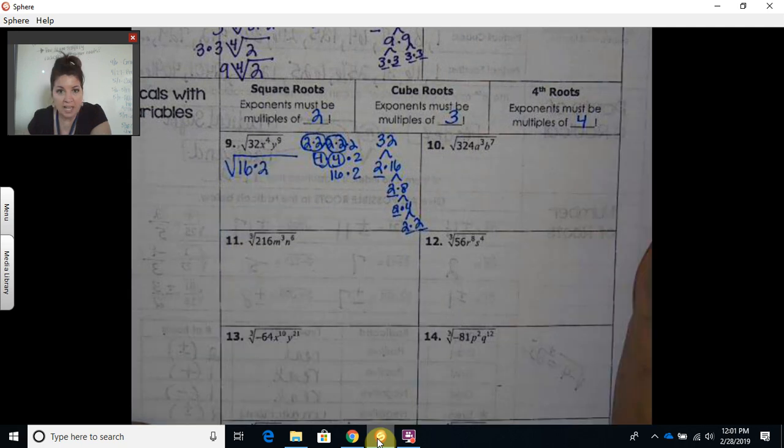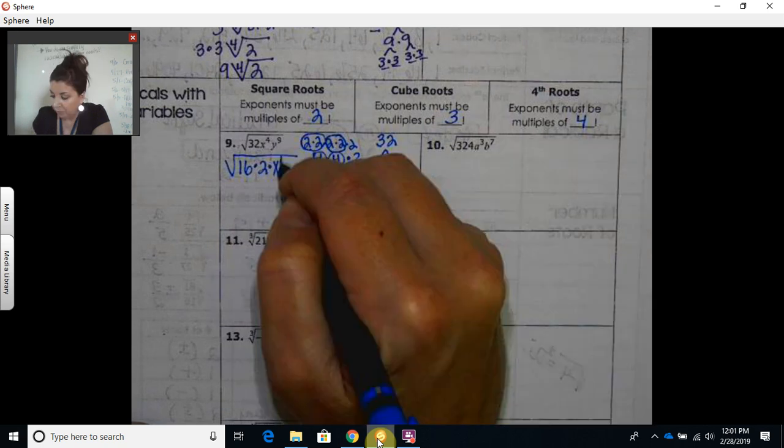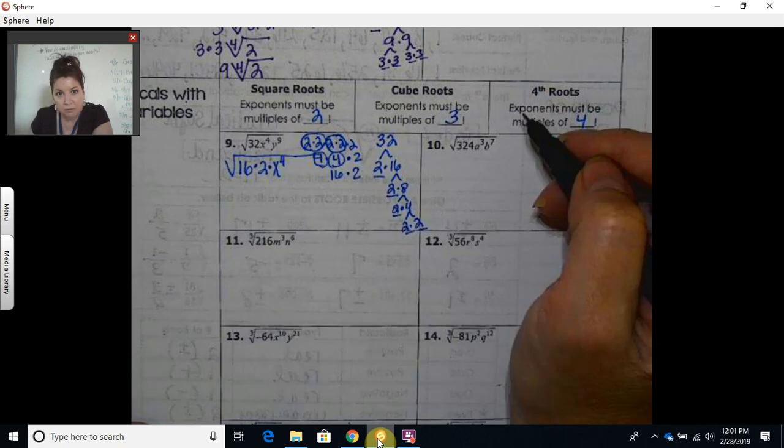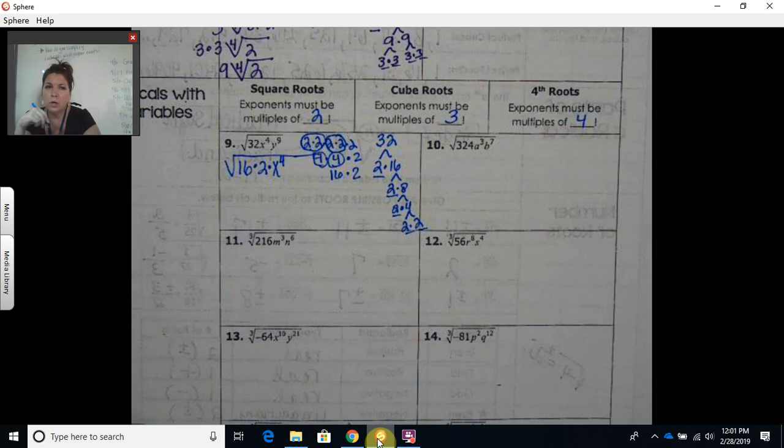Now, is x to the 4th a perfect square? Yeah, because what times what is x to the 4th? X squared times x squared is x to the 4th. So I'm going to leave it as x to the 4th. Is y to the 9th a perfect square? 9's a perfect square. But y to the 9th, what do you think its square root is?